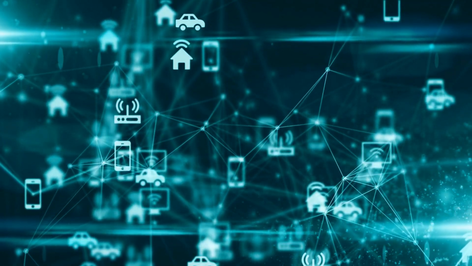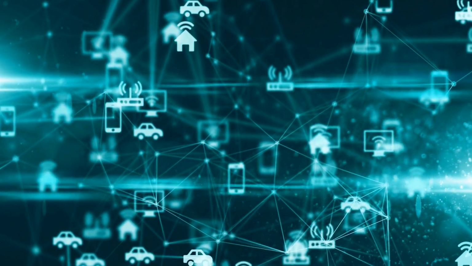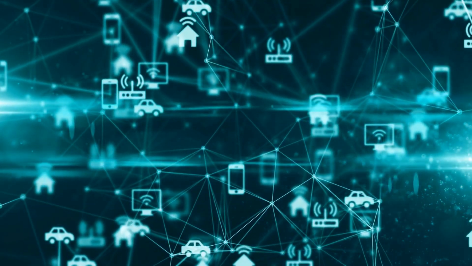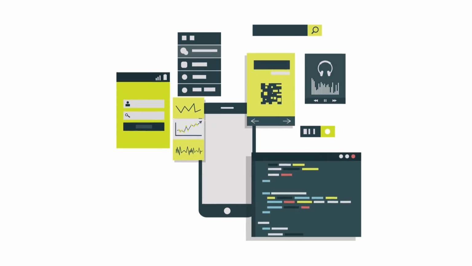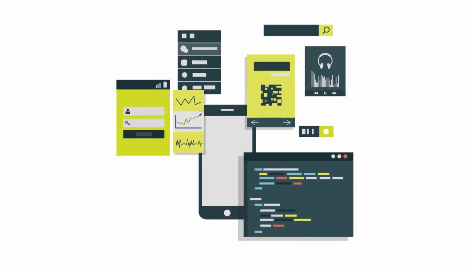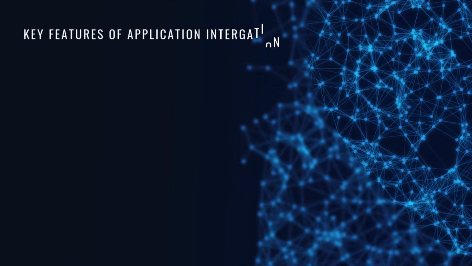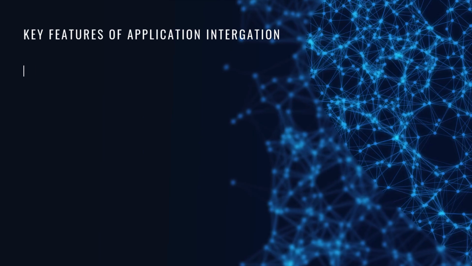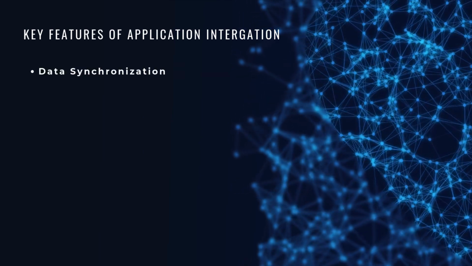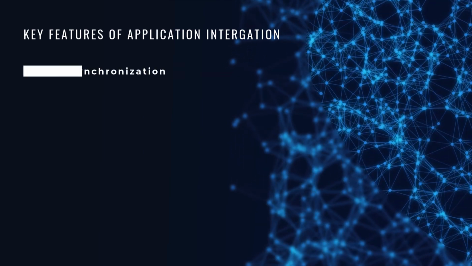Application integration is the process of enabling independently designed applications to work together by sharing data, processes, and functionalities across different systems. Let's learn about key features of application integration. Data synchronization, ensuring data is up to date across multiple applications.